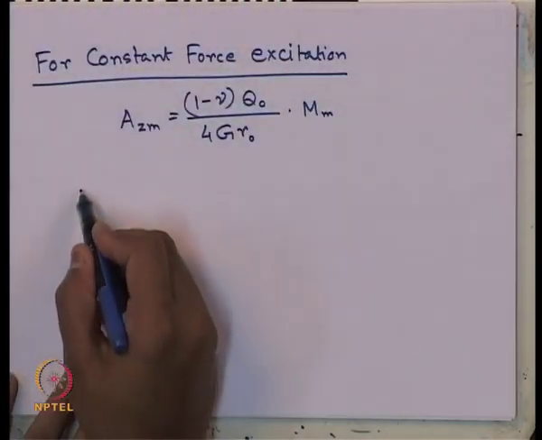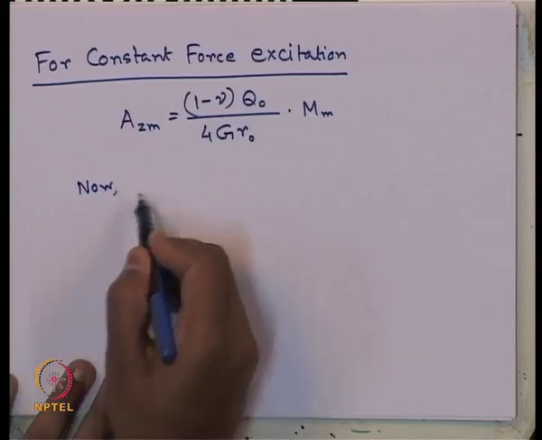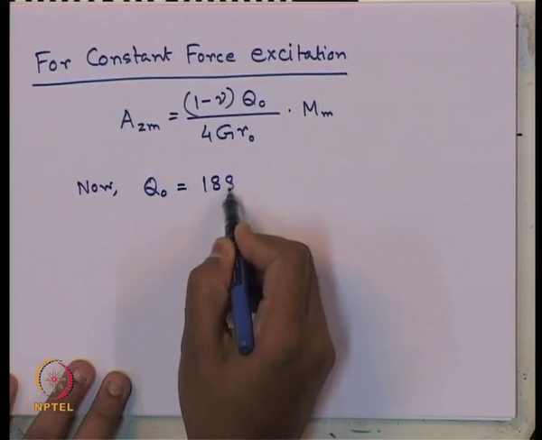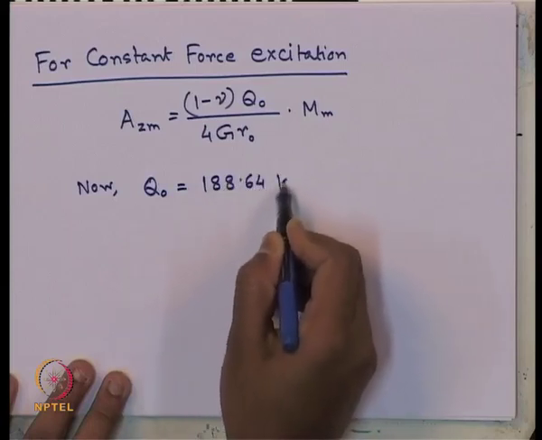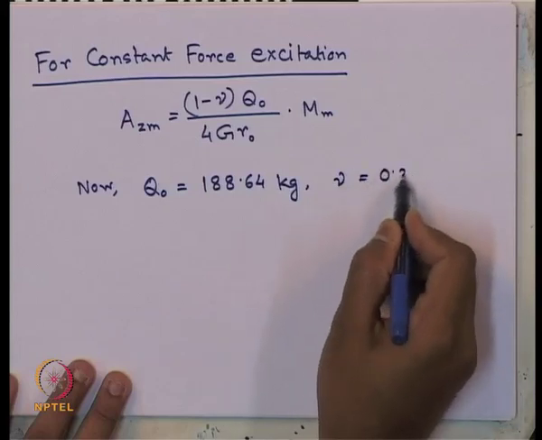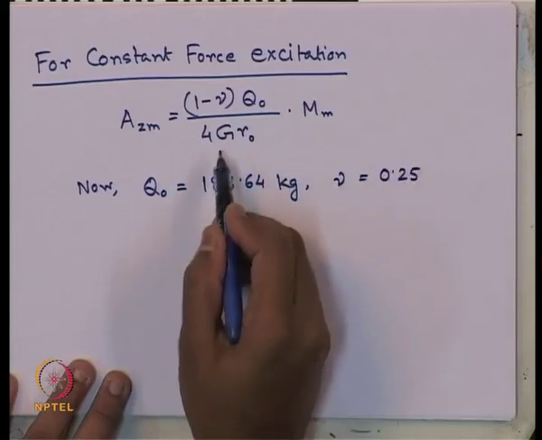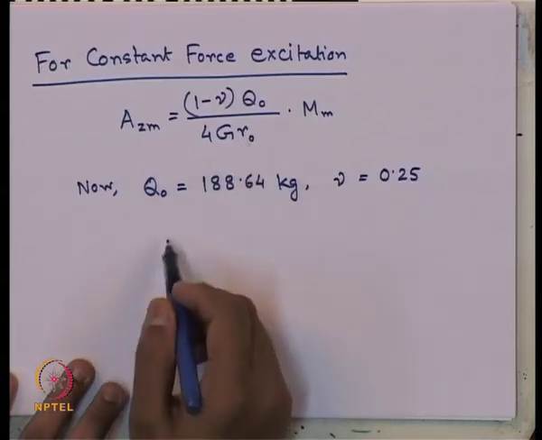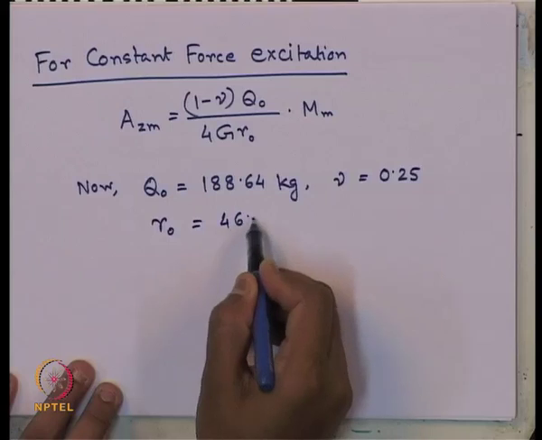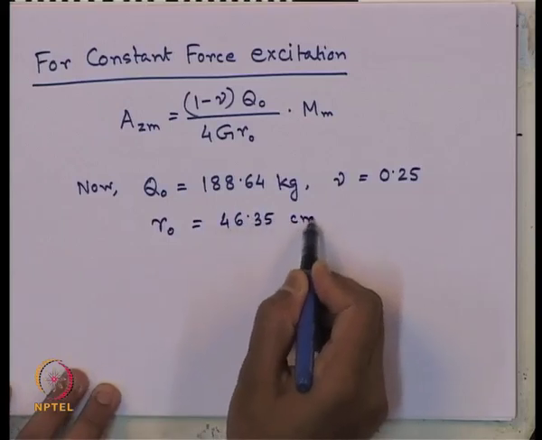The values given to us are q naught 188.64 kg force and mu 0.25. G will change for 3 different types of soil, and R naught we have computed as 46.35 centimeter.